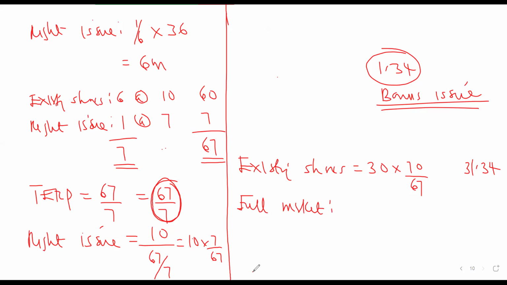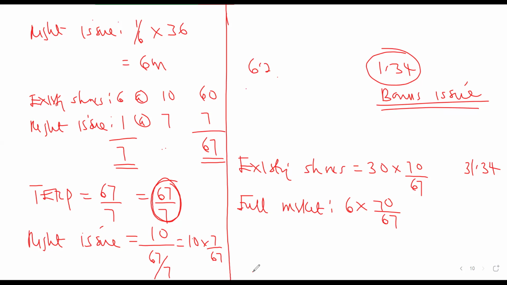The full market value will be 6 million. So we have 6 multiplied by 70 over 67. What are you getting? The right issue will affect the full market value because it has been there before the right issue. I'm having 626 or 627. 627, yeah.